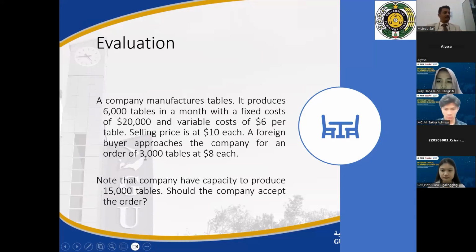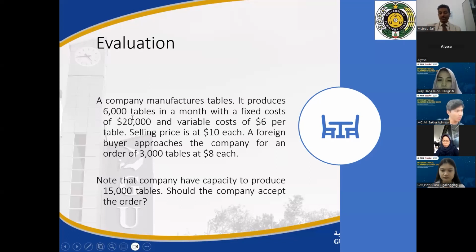So this is an exercise to show you the importance of managerial accounting. Just assume there is a company that manufactures tables.